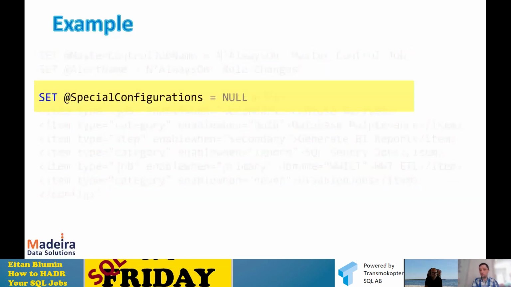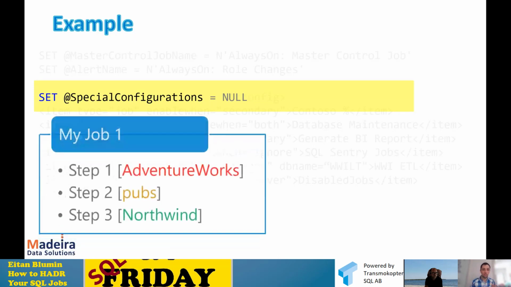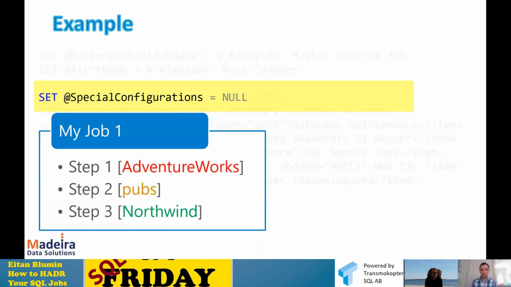So let's assume that you don't give a value to the special configurations parameter. There is a default behavior, and it goes something like this. Let's assume that we have a job with multiple steps, and each step is executed on a different database.